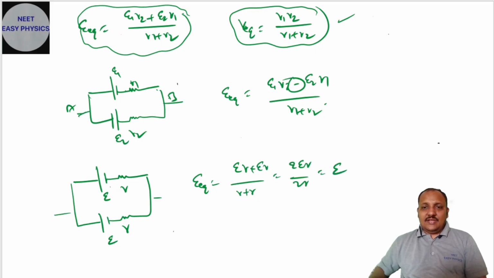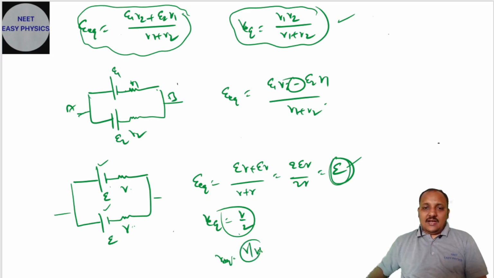So the equivalent EMF is E. The equivalent internal resistance is R by 2. If three are connected, E, and you will get R by 3. Like that, if N cells are connected, equivalent EMF is E and equivalent internal resistance is R by N.